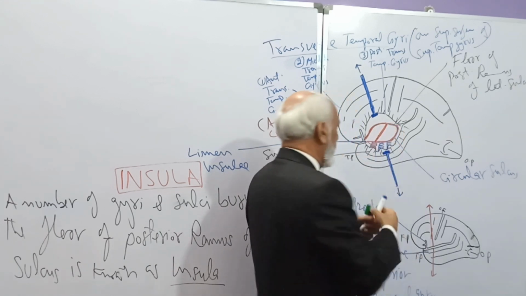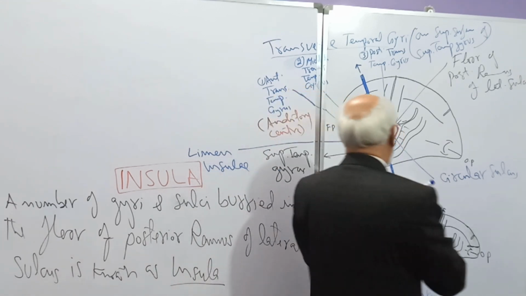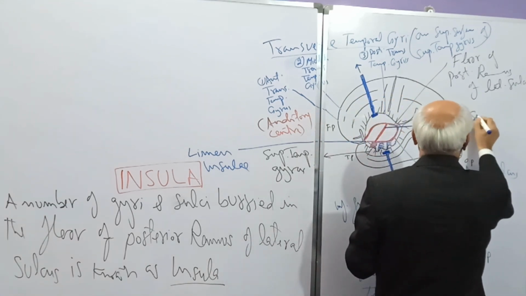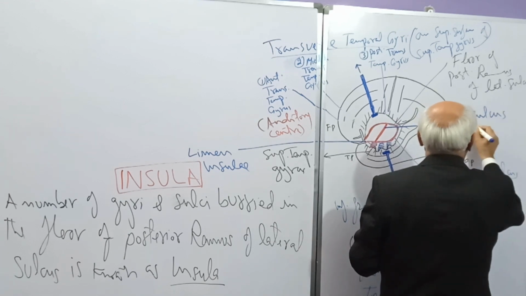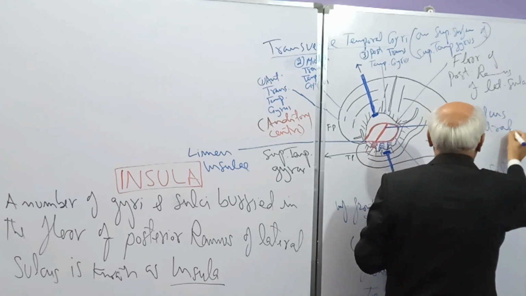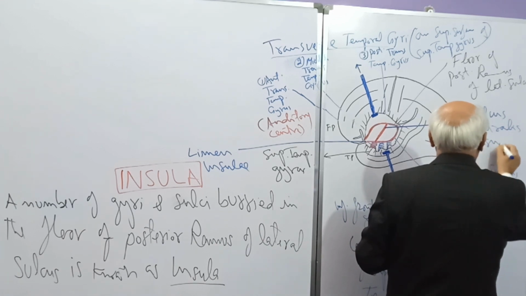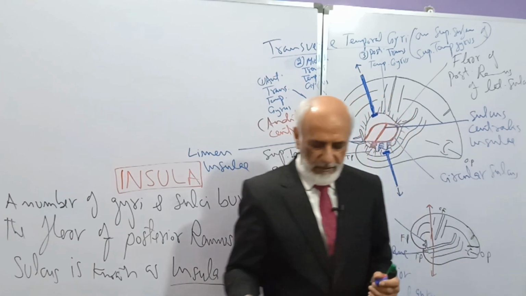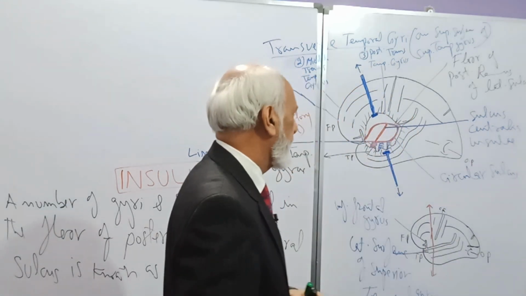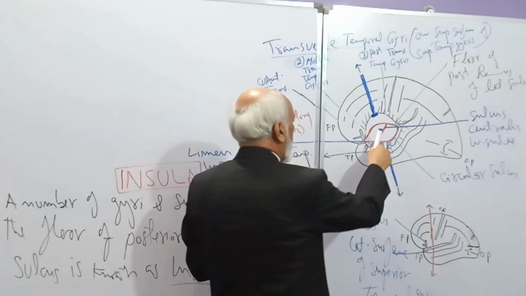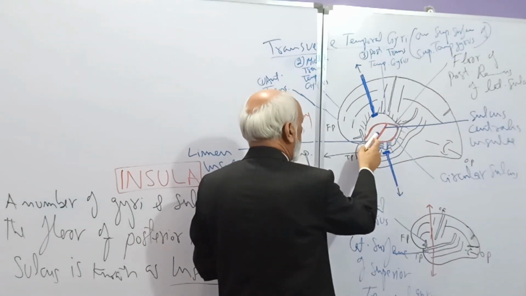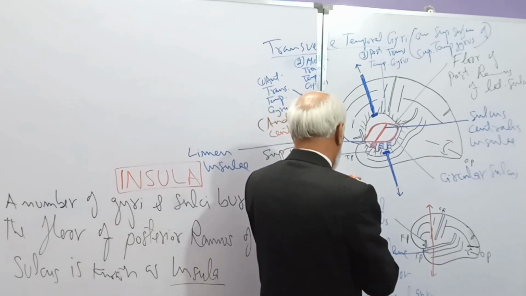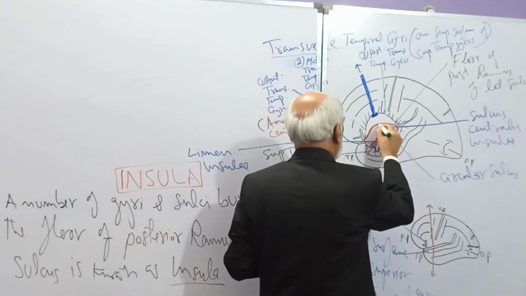Now, the lateral surface of the insula is crossed by a sulcus near the center. This sulcus is known as the sulcus centralis insulae, the central sulcus of the insula. It divides the lateral surface of the insula into an anterior part and a posterior part.